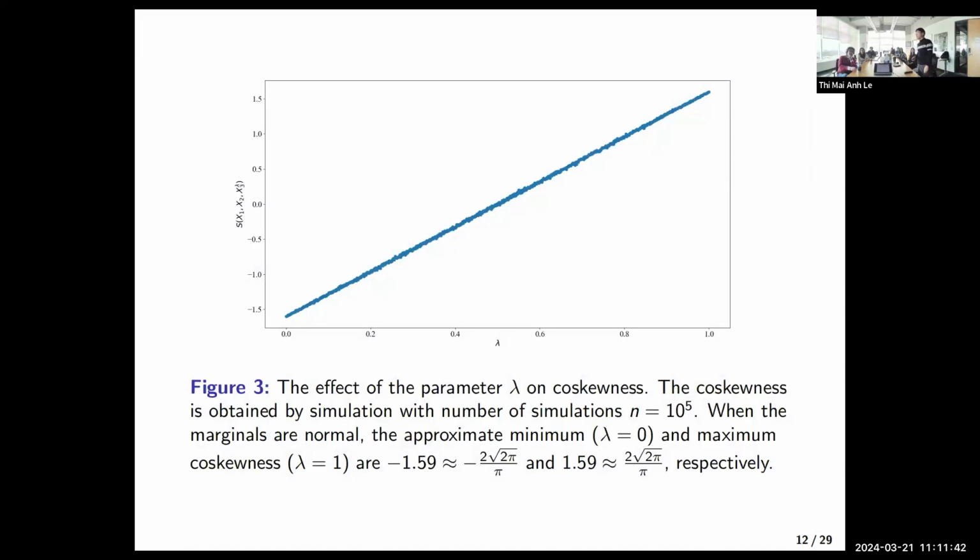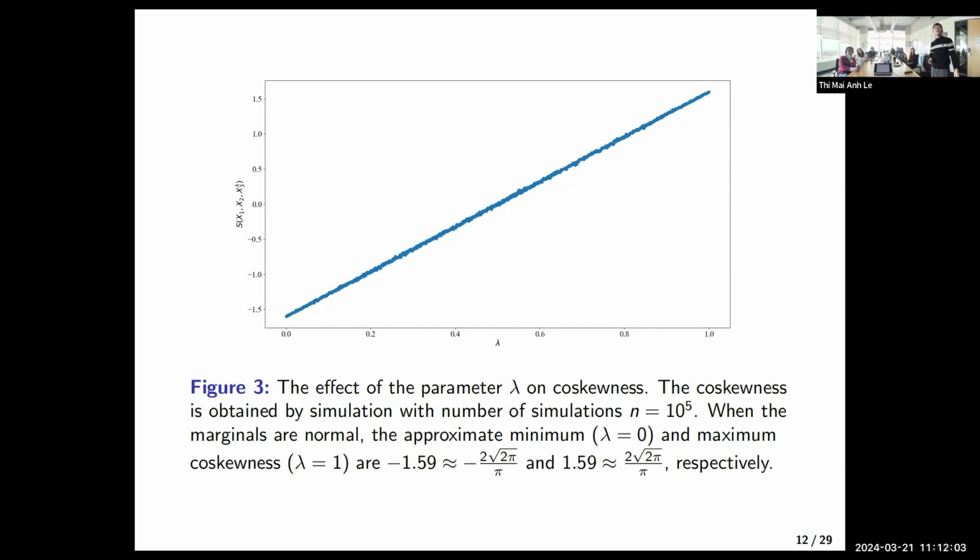In figure 3, we show the effect of the parameter from the Bernoulli random variable on coskewness by using the Monte Carlo simulation. We can see the change of the coskewness in terms of this parameter lambda.